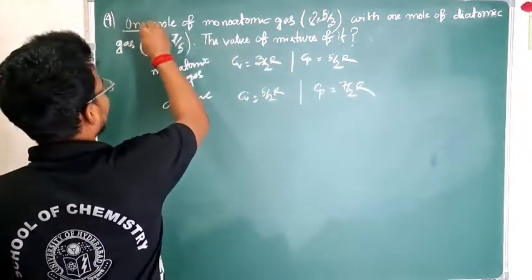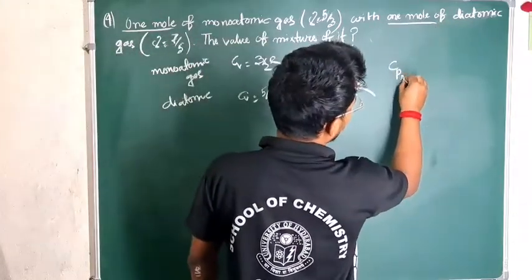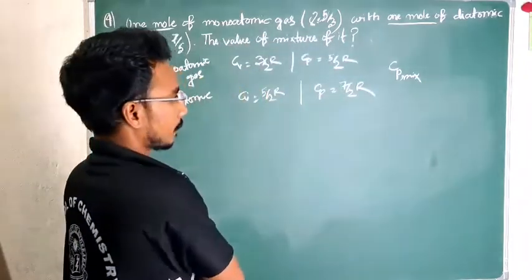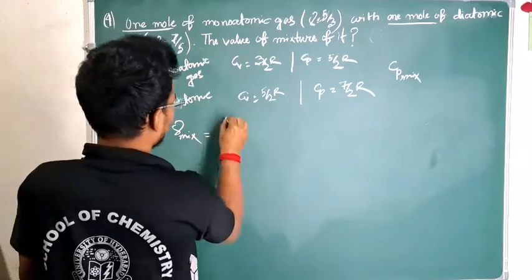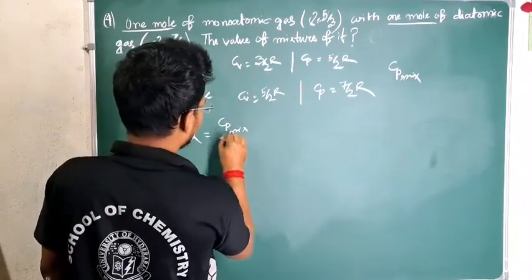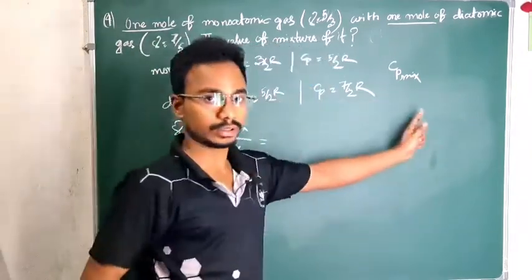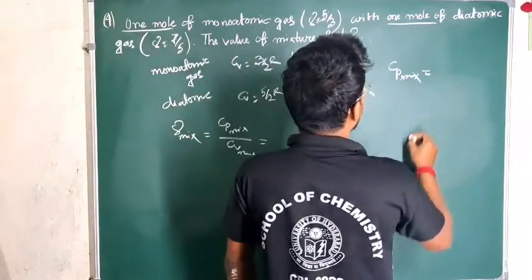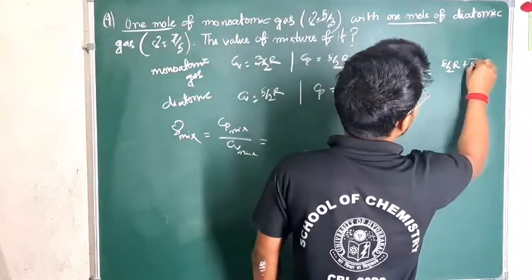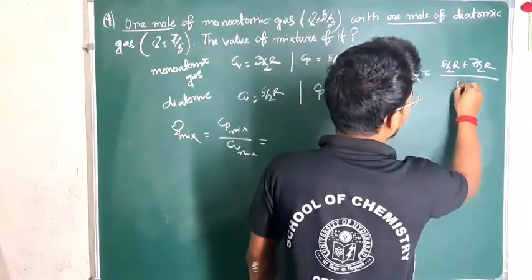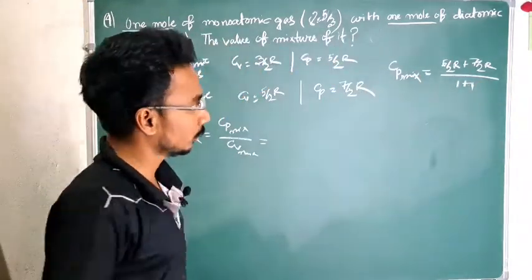See, the ratio is 1:1. We have to calculate the gamma mix, means Cp mix by Cv mix. So Cp mix is 5/2R plus 7/2R by 1 plus 1. 1 plus 1 means 1 mole mixed with 1 mole, 1:1 ratio.